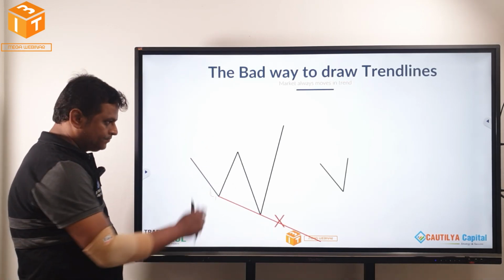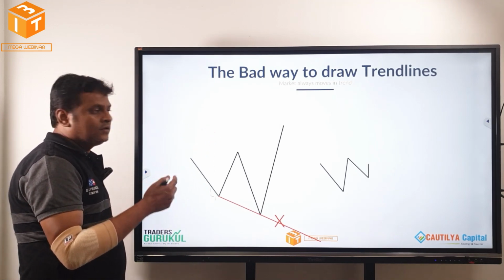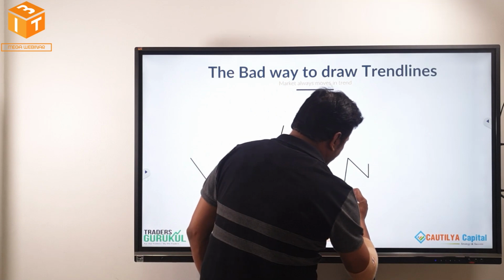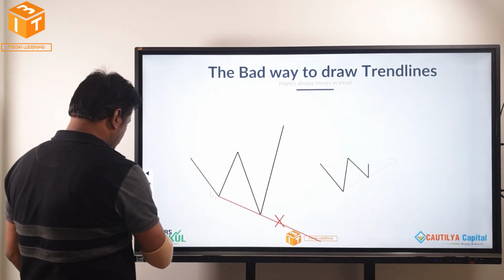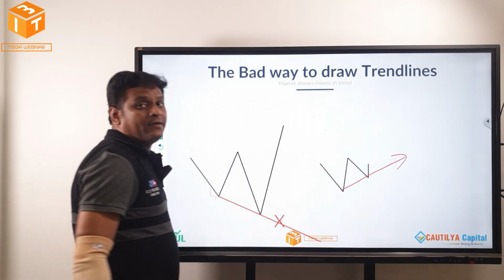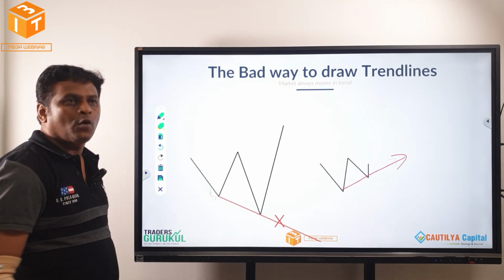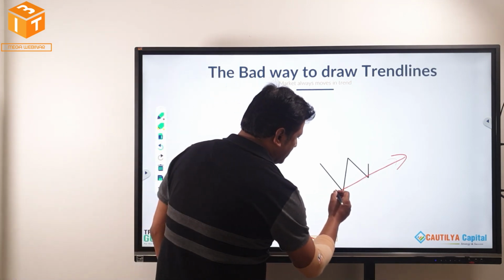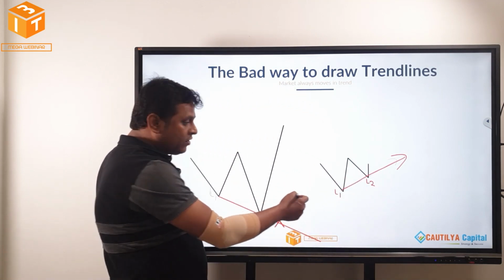Value 1 done, second value done. Can I draw this trend line? Any guess? No, you can't. Why you can't? L2 is greater than L1. Agreed.